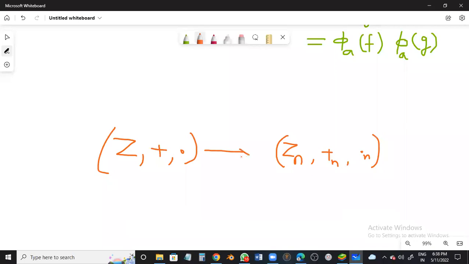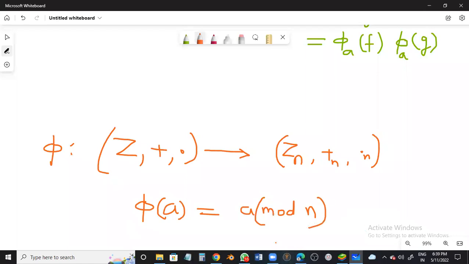Let us define our phi from this ring to Zn. If I operate this phi on any A, what I should get is A modulo n, meaning the remainder when A is divided by n. So this is the output.